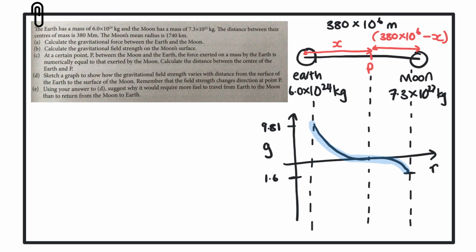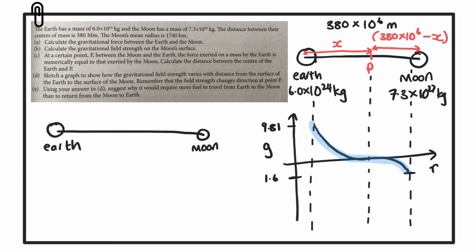Another thing to take into account would be the location of that neutral point P that we calculated earlier on in this question. So I'm going to redraw this diagram to show the Earth and the Moon, and this neutral point P, which we determined was 342 by 10 to the 6 metres. If you remember, we had 3.42 by 10 to the 8.